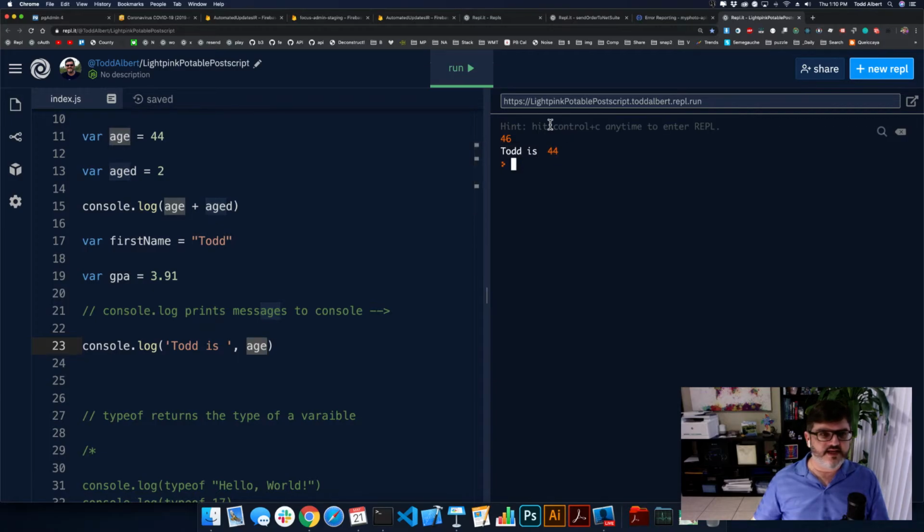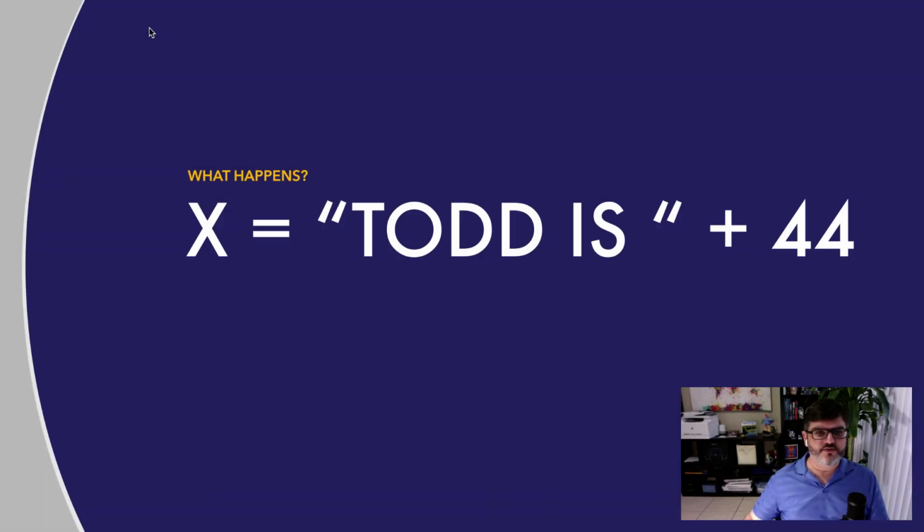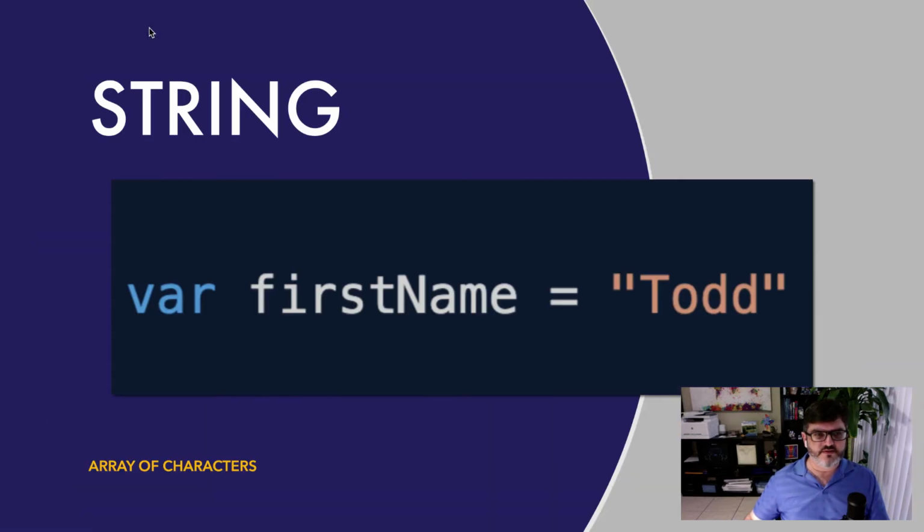Now we get this as a number, which shows up in orange in REPL, just so you can see the difference. So anyway, that's just some quick basics of variables, of our primitive types of variables. So let's take a look.